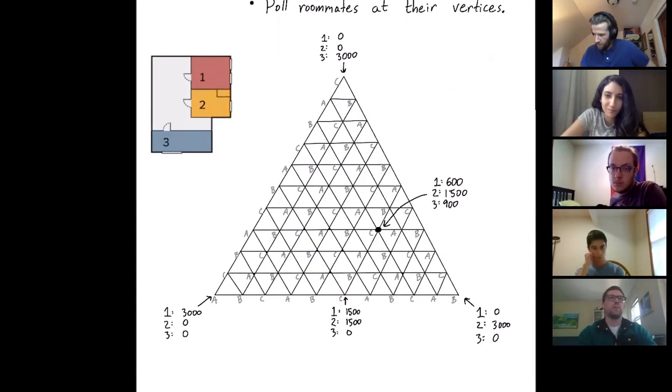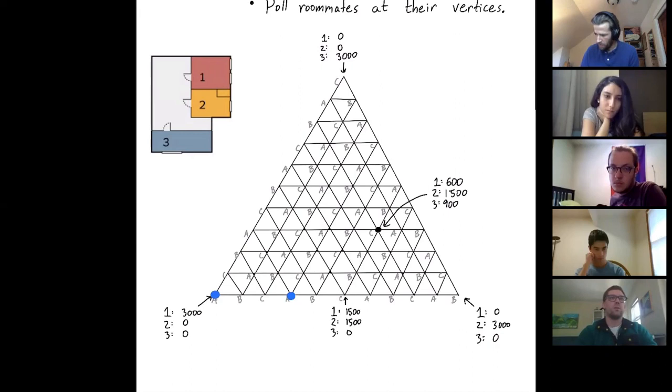Down at this point, roommate A probably prefers the blue room because it's free. Maybe here they also prefer the blue room.